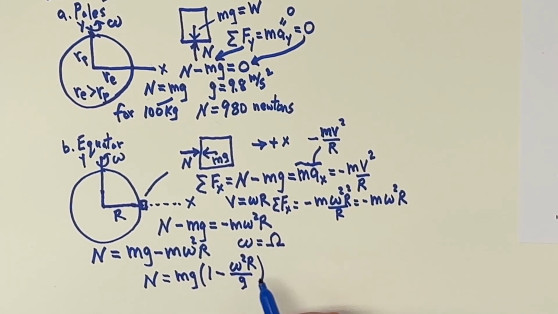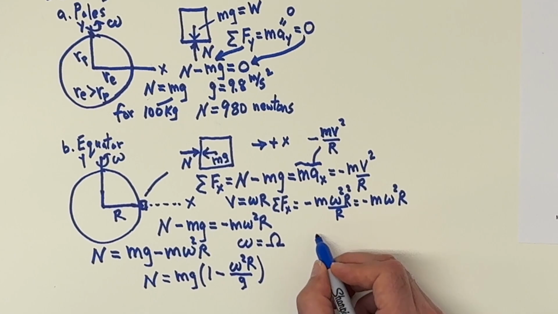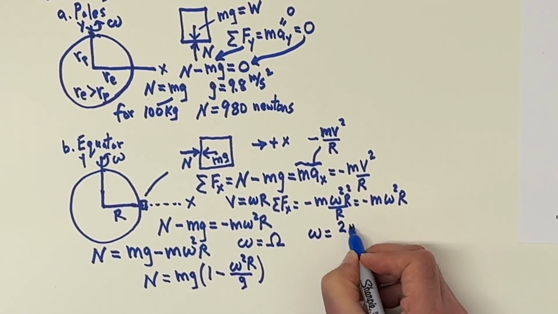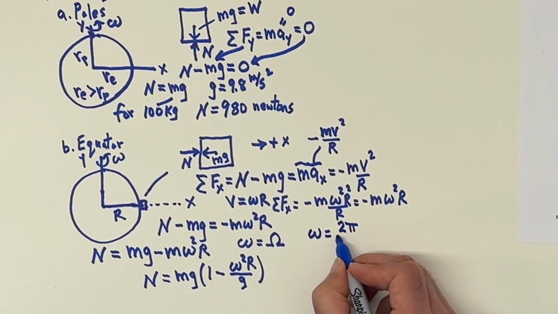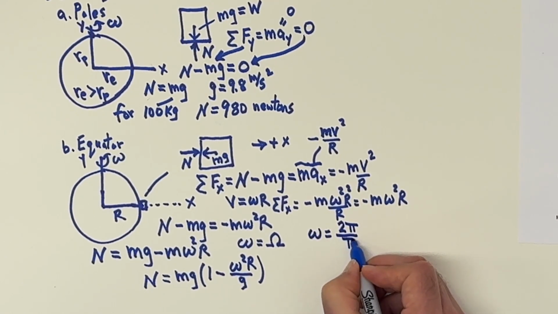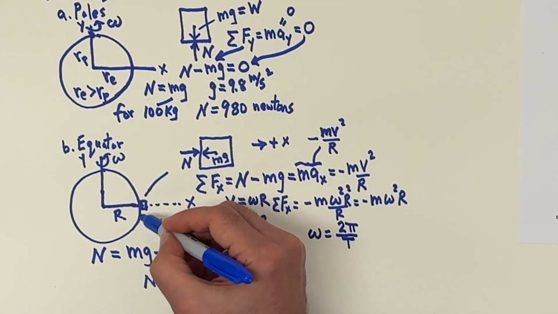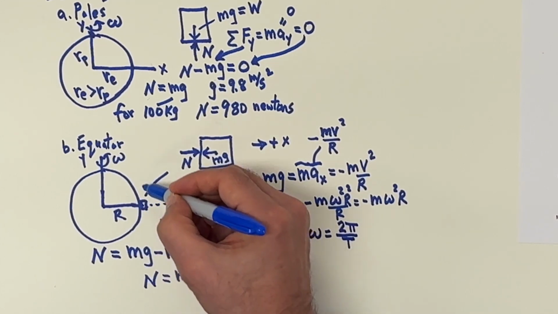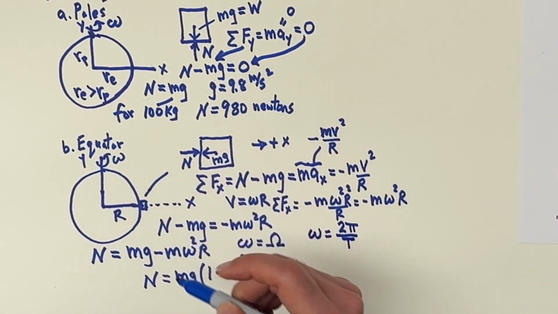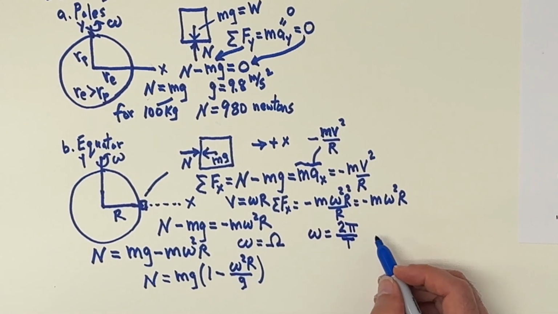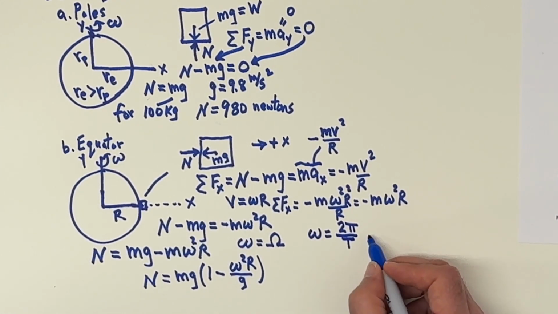The question is, how do you figure out this omega? Well, omega is 2 pi radians, going all the way around, divided by the time to go all the way around, or for the Earth to rotate once. So that point there, if you're standing there, you go all the way around in a rotation once each day. So now we have this one day.